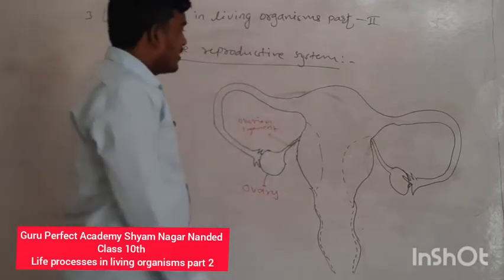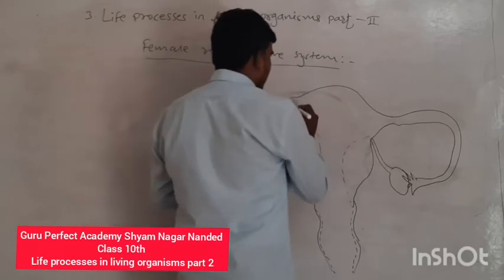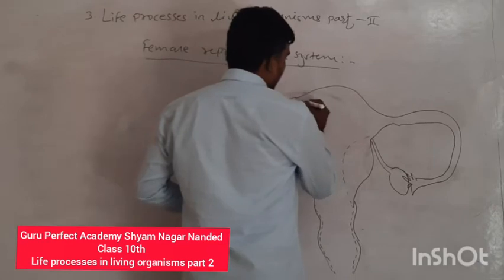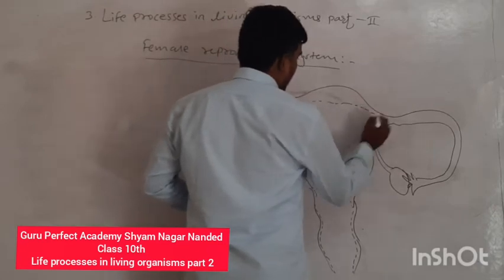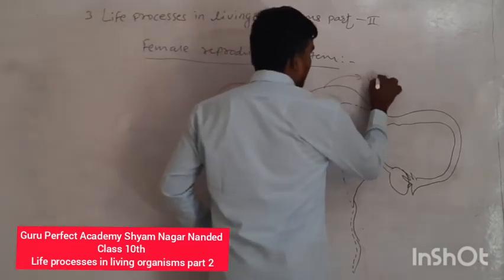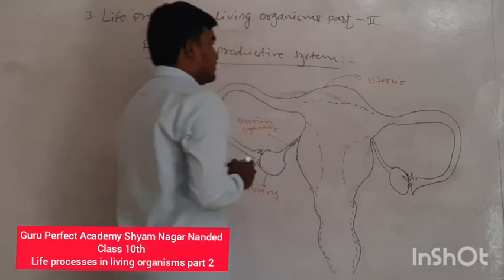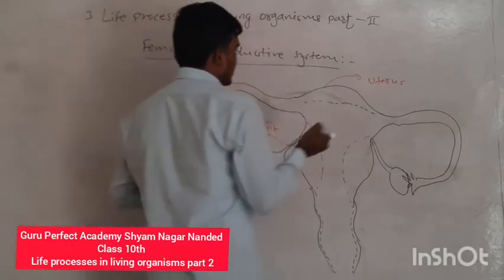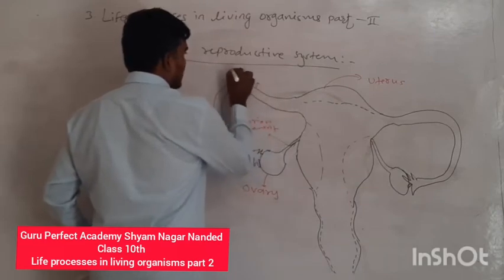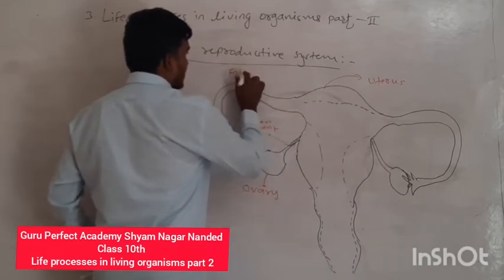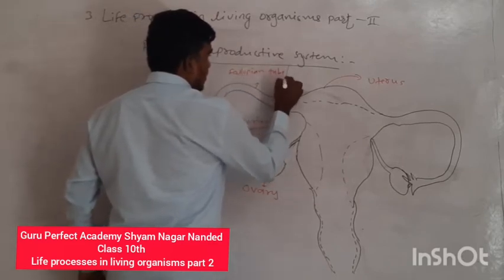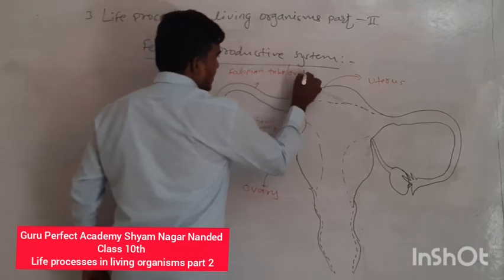Okay, and we can draw here also. This is the structure of the uterus. This tube is called the fallopian tube or oviduct, we can say.